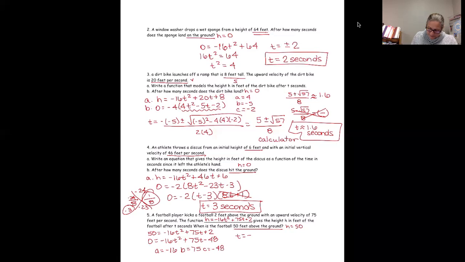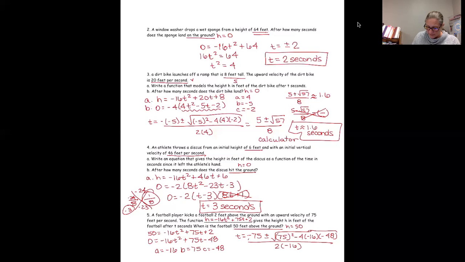And t equals negative 75 plus or minus the square root of 75 squared minus 4 times negative 16 times negative 48, all over 2 times negative 16. When you use your calculator to do that math, negative 75 plus the radical over negative 32, negative 75 minus the radical over negative 32.